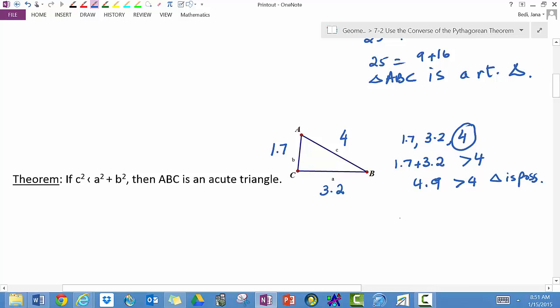Next, I'm going to check the relationship between 4 squared and 1.7 squared plus 3.2 squared. So I get 16, and 1.7 squared on my calculator is 2.89. 3.2 squared, on my calculator, is 10.24.